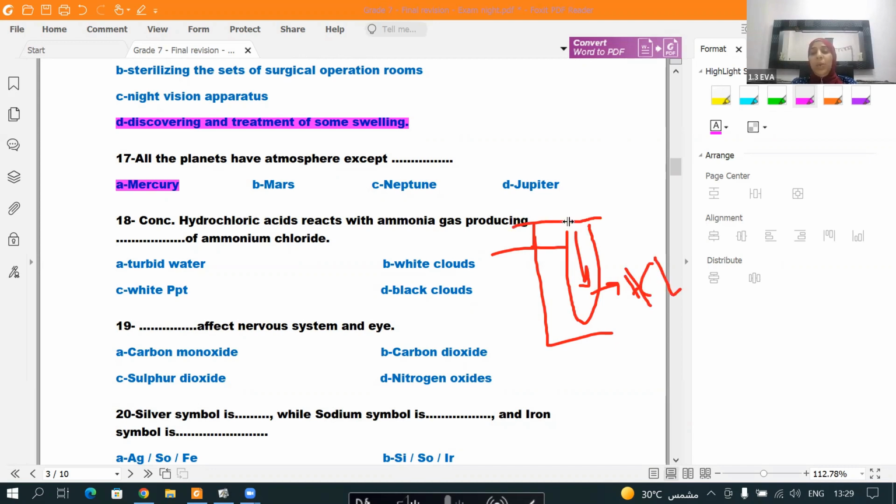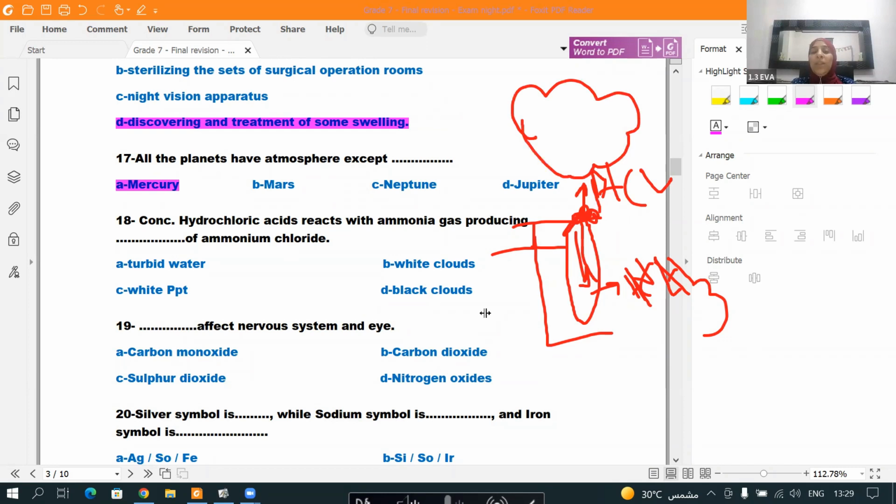At the top here, we have this rod, and around this rod, we have a tissue that contains NH3, and here is HCl. When the ammonia gas starts to rise up, it meets the hydrochloric acid and forms a direct combination reaction, forming a white cloud or white fumes of ammonium chloride.